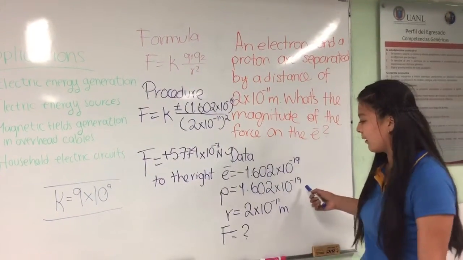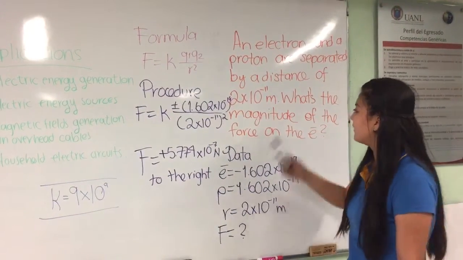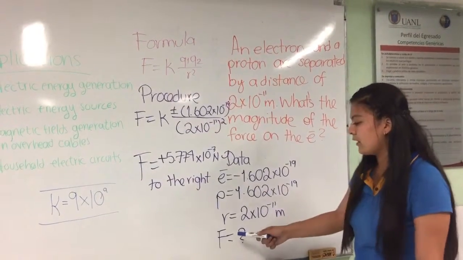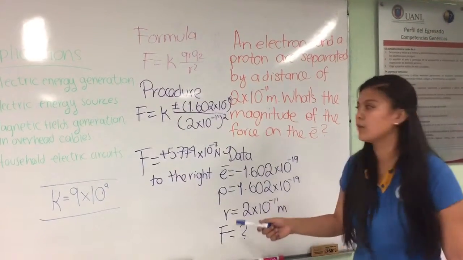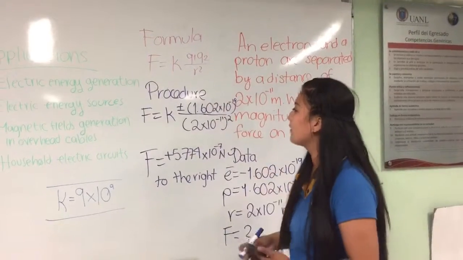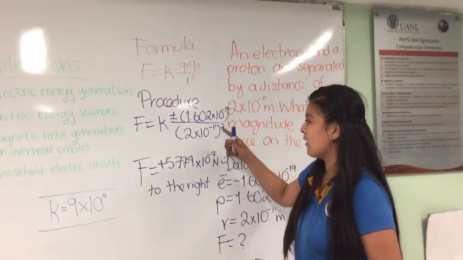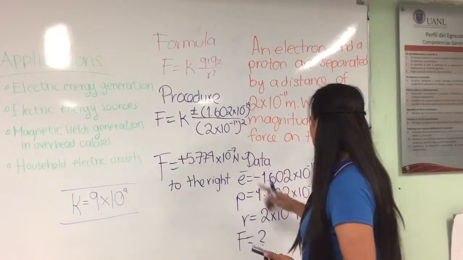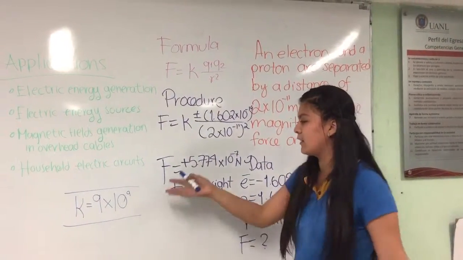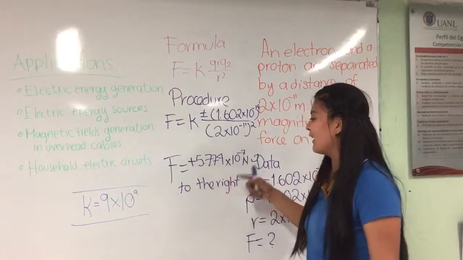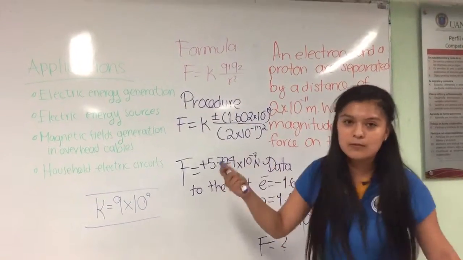So these are the values. And also we have the distance, and we need to obtain the force. So we apply this formula. We have these two values substituted and divided by r, and this is the result, and it's to the right because the result is positive.